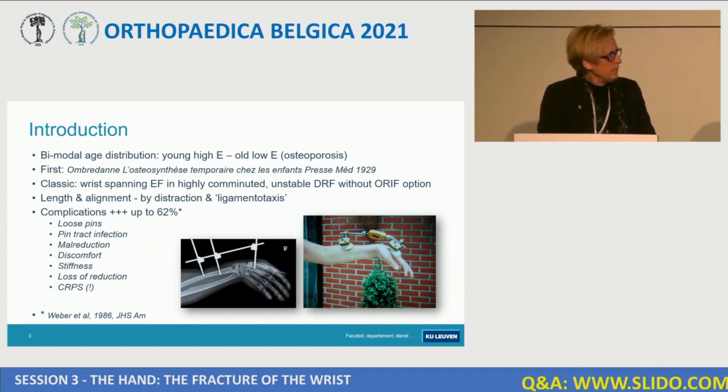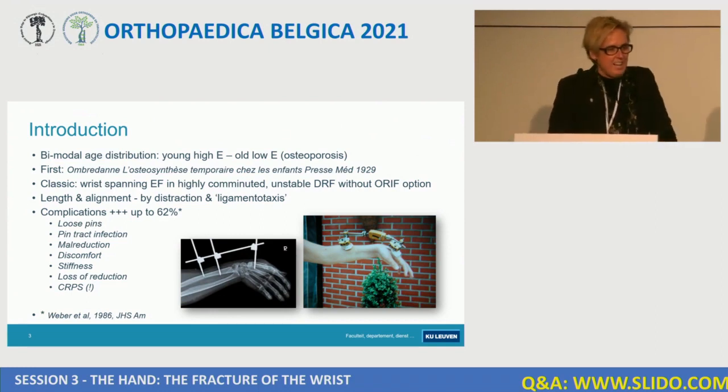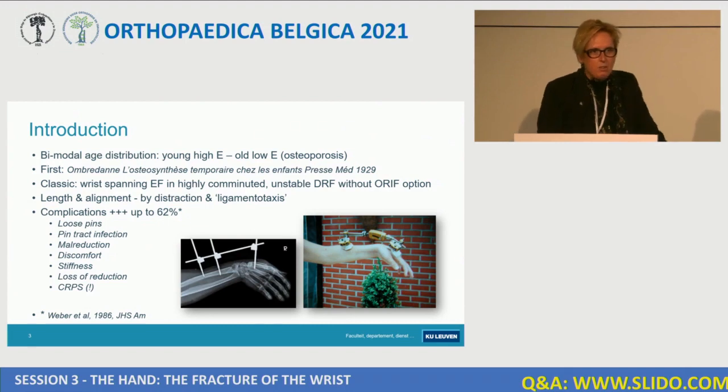But today we have a bimodal age distribution where on one side we have the young patients with a high energy trauma, and on the other side of the spectrum we have the more experienced patient with a low energy trauma and probably osteoporosis going together with this experience.